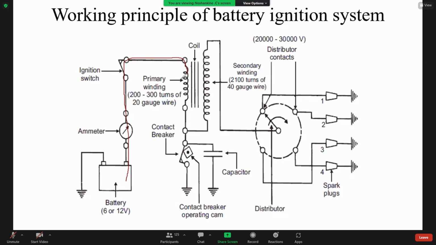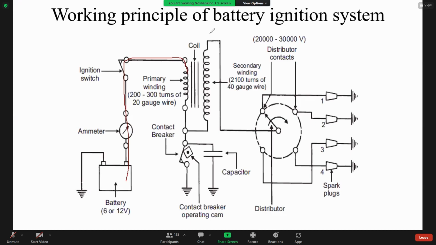When the current peaks, we switch off, the circuit opens, and the current stops. At that time, in the secondary winding coil, we generate a high voltage due to this magnetic field.